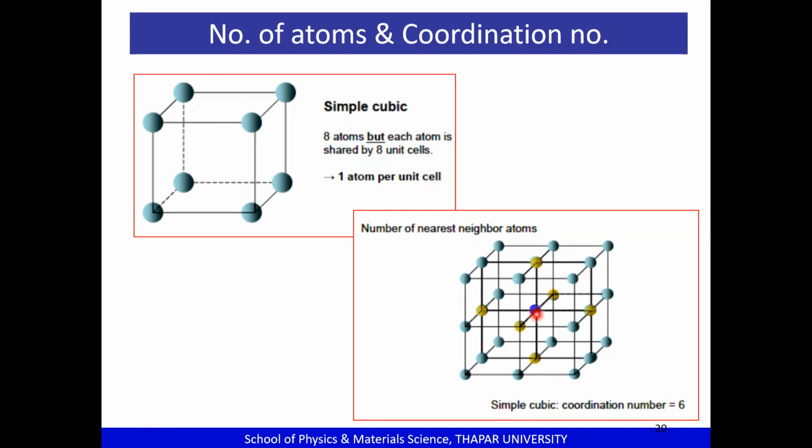For example, if you focus on this blue colored atom, then it is equidistant from one on the left, one on the right, one on the back, one on the front, one on the top, and one at the bottom. Likewise, this is true for every other atom. You have 6 nearest neighbors corresponding to every atom, and that is why the coordination number for the simple cubic structure was 6.